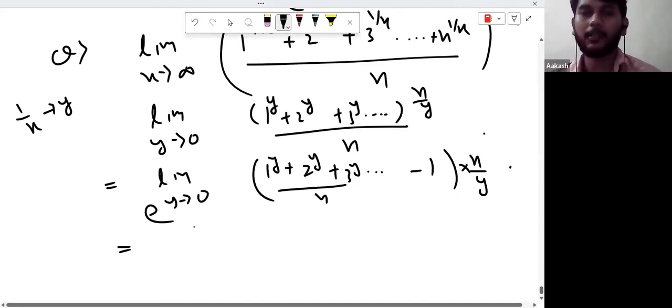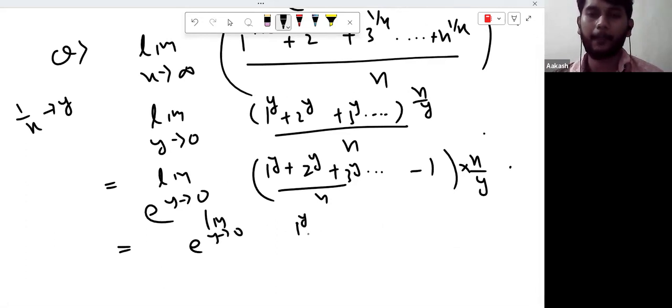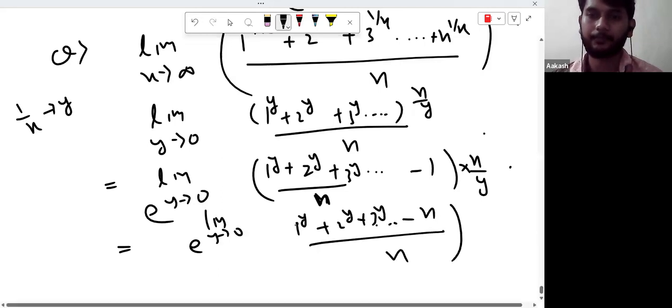Let's take LCM, e to the power limit y tending to 0. This n and n are cancelled very easily.